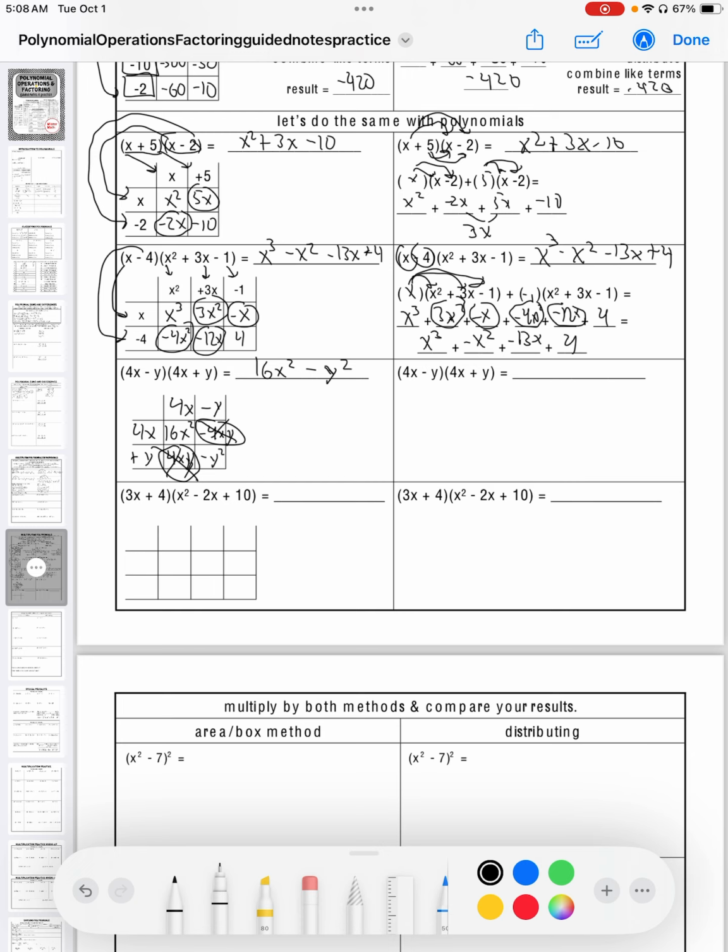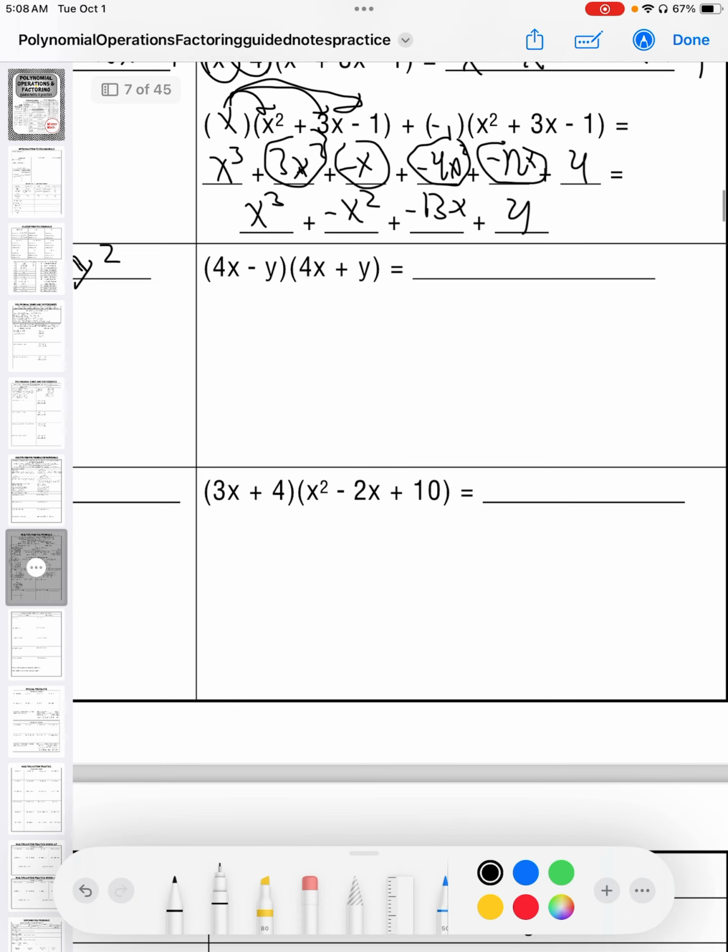For the double distribution, I'm going to zoom in so that way I have enough room to write everything. We're going to be distributing 4x and then the negative y. So we're going to distribute 4x times 4x plus y. Excuse me. And then I'm going to distribute the negative y times 4x plus y.